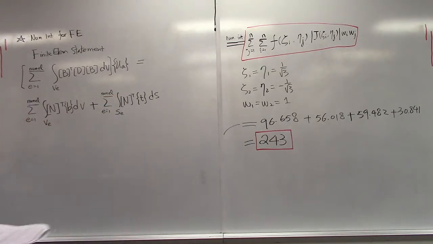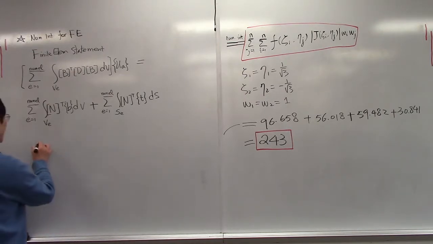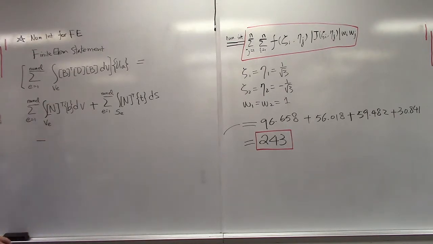So this term is the contribution from the natural boundary condition. And then if we have a non-zero essential boundary condition, there is also a contribution in the force vector form, but it comes negative. Remember, initially it's on the left-hand side, but now we move it to the right-hand side, so it's minus.